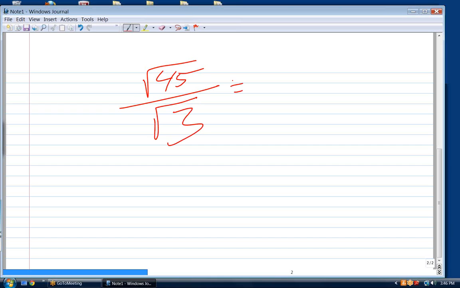So you get 45. The best way to do this is to divide first. Because if you simplify this, you get 9 root 5, which is 3 root 5. And then you have it all over root 3.